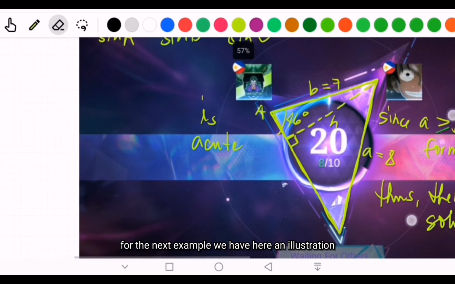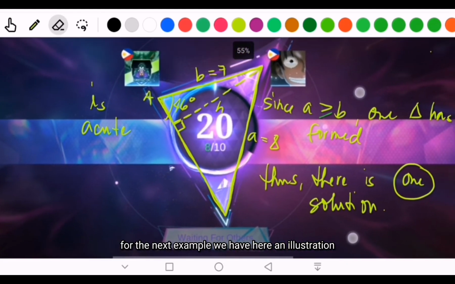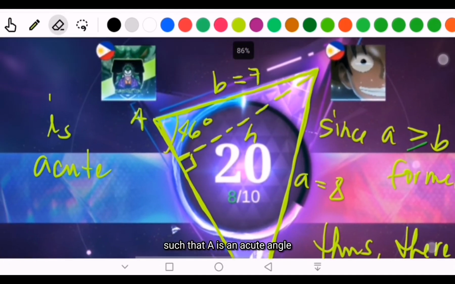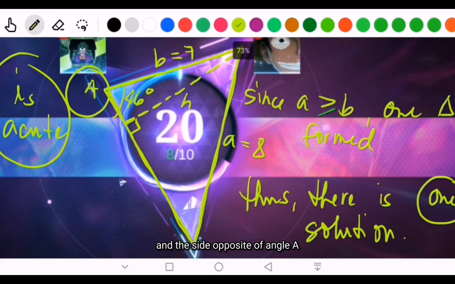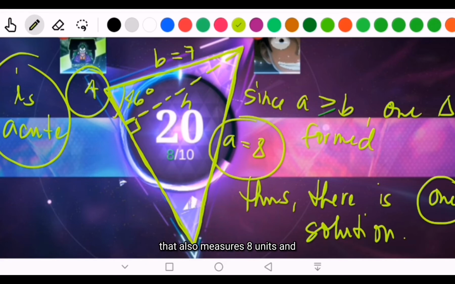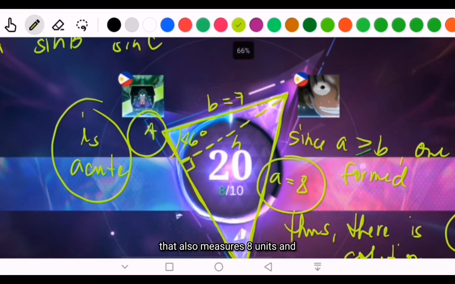For the next example, we have here an illustration such that A is an acute angle, and the side opposite of angle A, which measures 46 degrees, is side A that also measures 8 units, and side B measures 7 units.